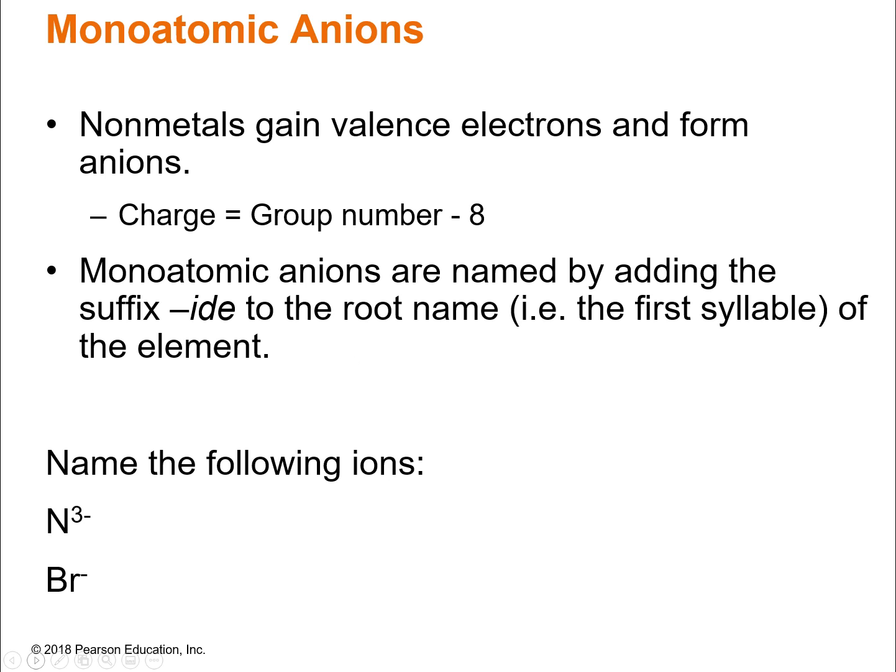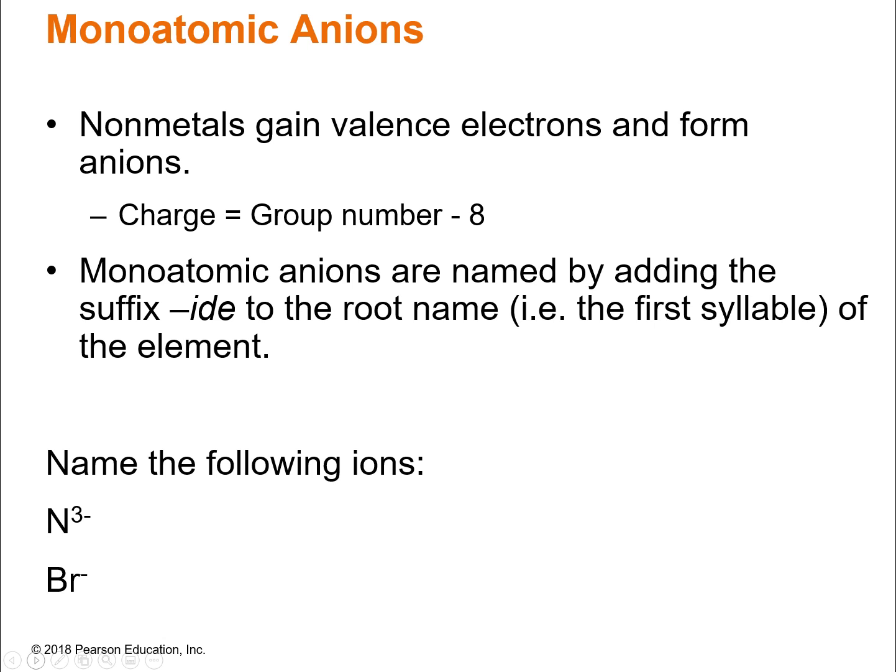Now we're going to shift over to the anions. Let's get through the monoatomic anions in naming. And maybe we'll do a little bit of polyatomic ions, and then we'll take a break. So, monoatomic anions. We're talking about nonmetals that gain valence electrons to form those negative ions.